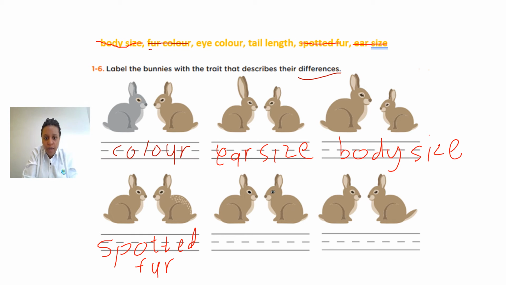Now we have the next two left. So let's look at that. Is it the eye color? Let's look. Yes, can you see? This bunny has all black eyes, and this one has a different color eye.